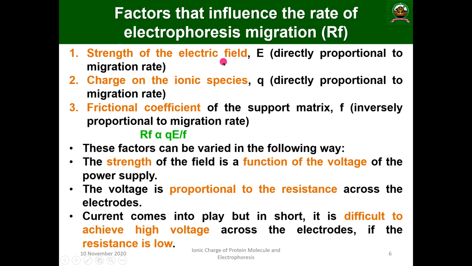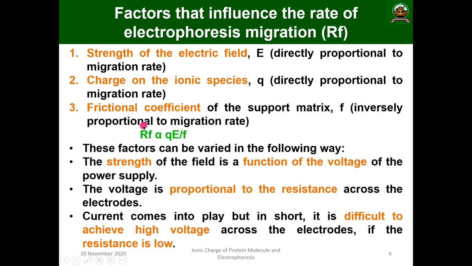First, the strength of the electric field E, which is directly proportional to the migration rate. Second, the charge on the ionic species, Q, which is directly proportional to the migration rate. Next is the frictional coefficient of the support matrix, that is the gel, F, which is inversely proportional to the migration rate.